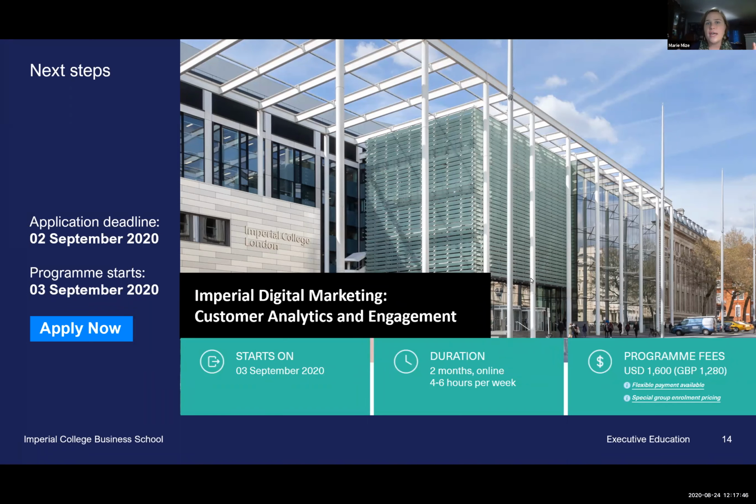So it's one of the huge advantages of coming into a course such as this one with Imperial, is you get that high touch and relationship-based approach to learning. And what we know about adult learning is that really helps the learning to sink in, and it helps you to retain it when you're practicing with the concepts that you're learning in real time. So you have an opportunity to do that with this course.